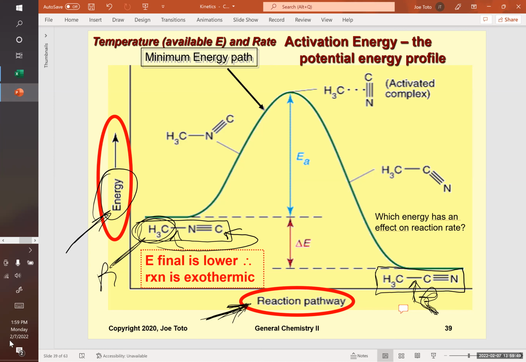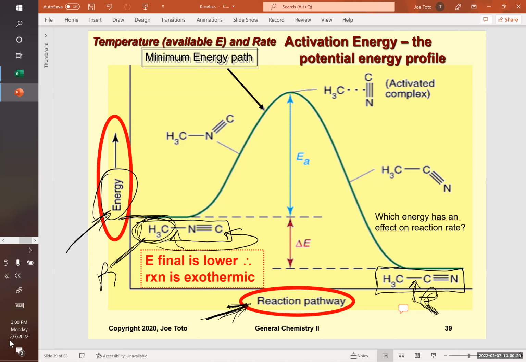Okay. So we start off with some energy with the reactant. And this energy can be calculated in many ways. One way is to take that reactant and just blow it apart and see how much energy is released from the combustion.